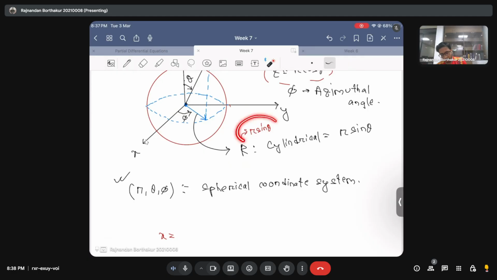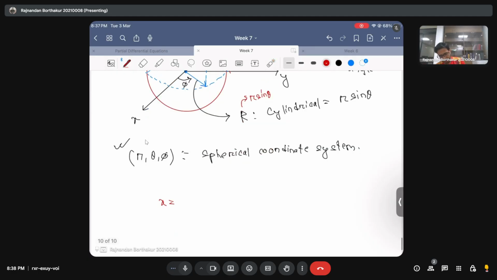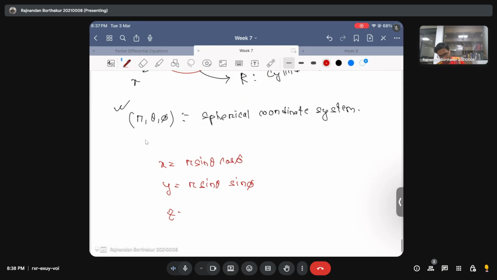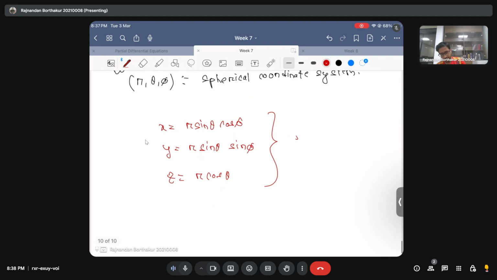But I know that capital R is equal to r sine theta, which means x then becomes r sine theta cos phi. And similarly, you can show that your y becomes r sine theta sine phi. And z is equal to r cosine theta. So this is a simple relation between your Cartesian and spherical coordinate system.